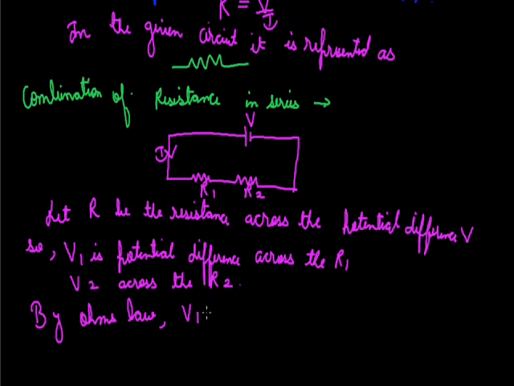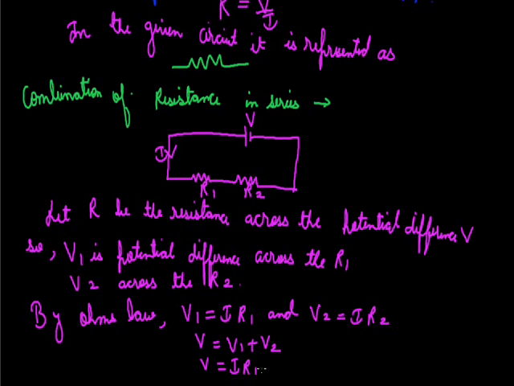V1 is equal to I R1 and V2 is equal to I R2. Total V is equal to V1 plus V2. On substituting the values of V1 and V2, we get IR1 plus IR2.